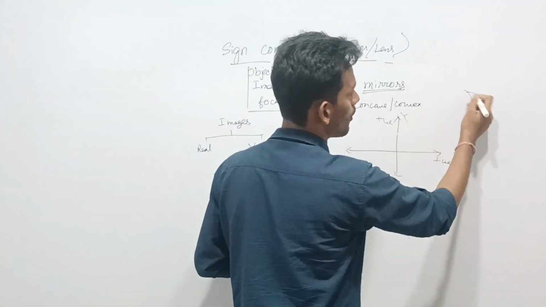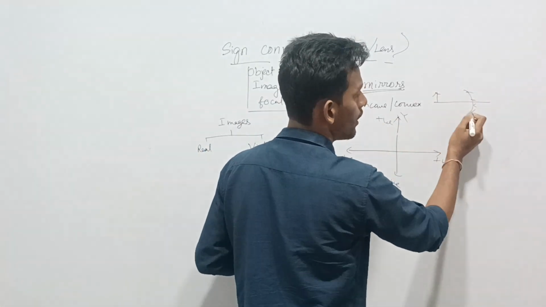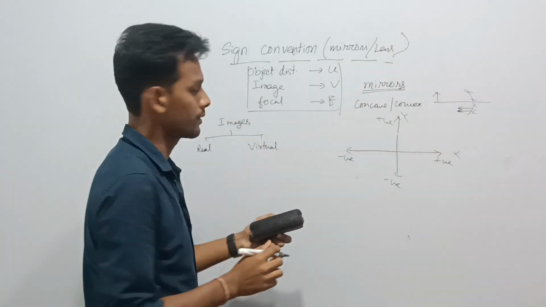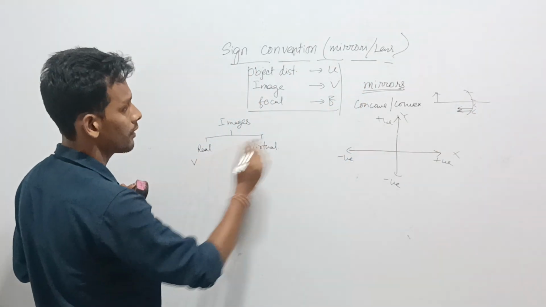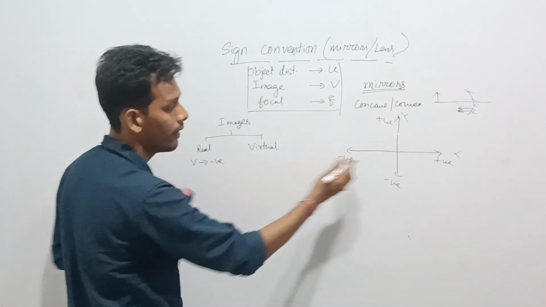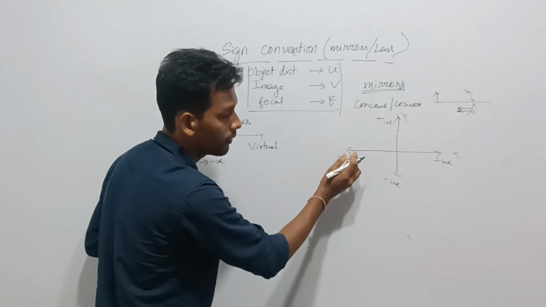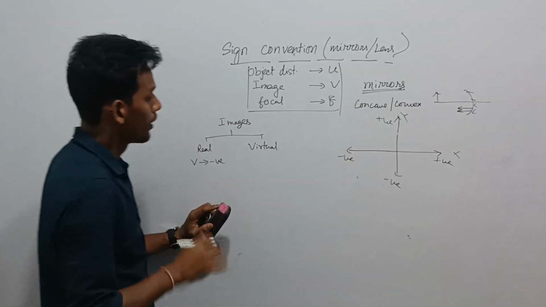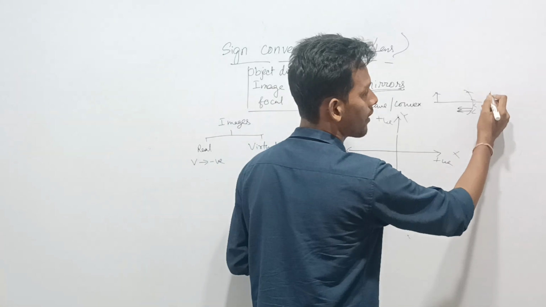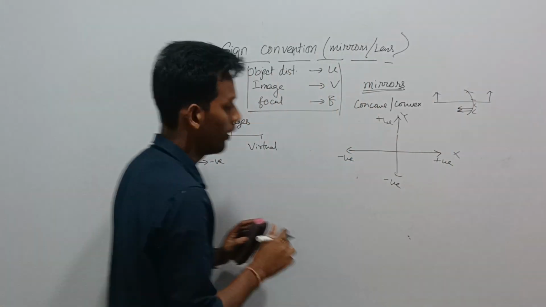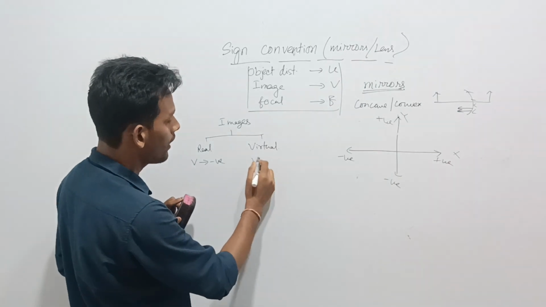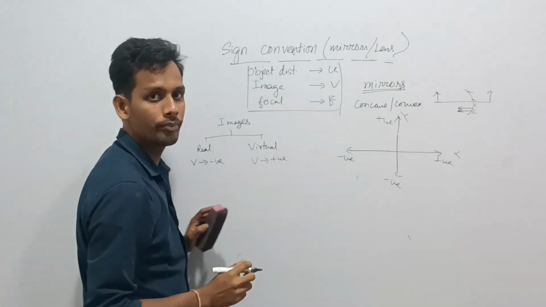So for a concave mirror, the object is there, and the image is also produced towards the left side. For a real image, since it is on the left side, v is negative. A virtual image is always placed at the right side, so v is always positive.